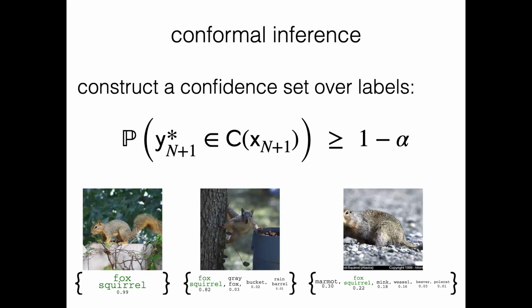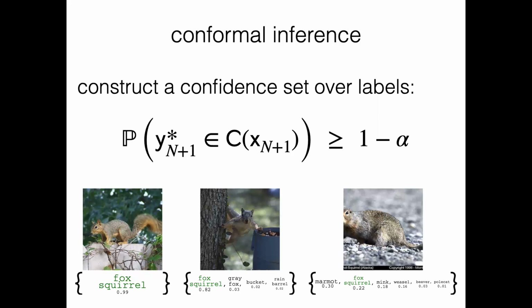Now it's generated an uncertainty set saying, okay, these are the things that I think could be in this image. And maybe you have an even harder image, where it might be fox squirrel, but you also might want to put marmot or mink or weasel or beaver in your set. And so now the uncertainty is reflected in the size of this set.